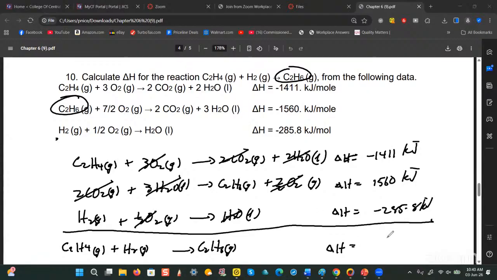Okay, so I got -1, and again, I have to round to no decimal place. So -137 is what I got. Kilojoules. And that's how you do that.